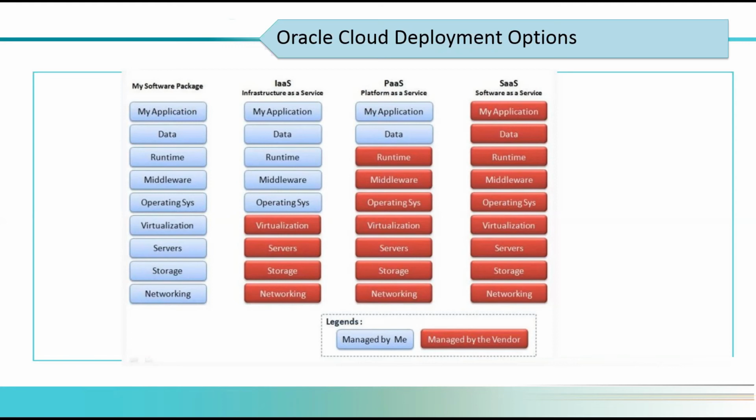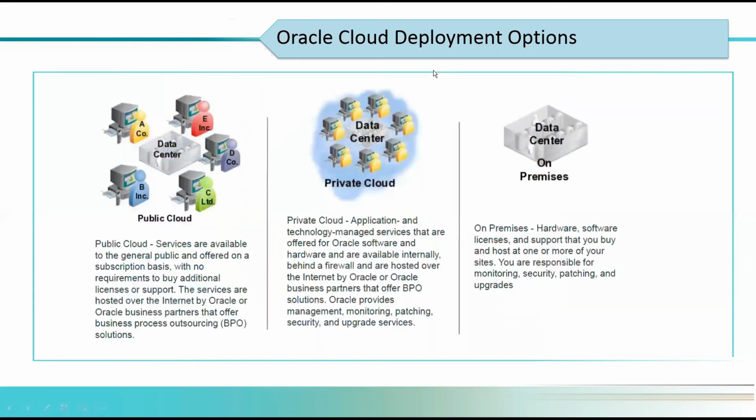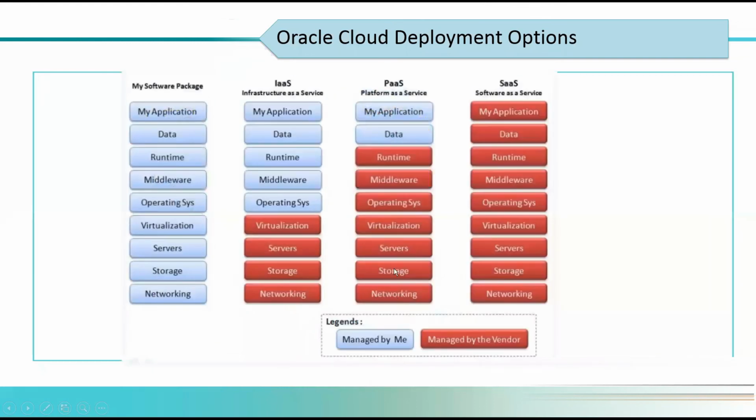But in platform as a service, they give a platform, they give a private cloud, but they still maintain the networking, the storage, the operating system and middleware. But you can customize the application, you can customize your database, so you can have your own data. Basically application and data are maintained by you.